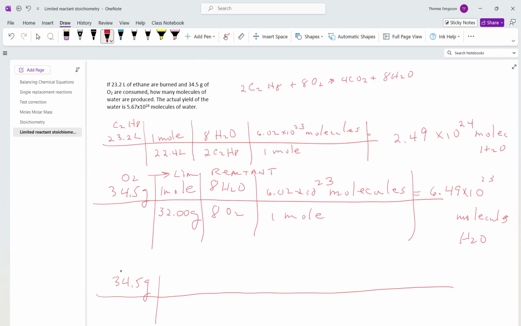If I didn't ask it in the question, you don't need to calculate it. Normally I do though. Most of it depends on who made up the question. Also percent yield. Frequently they don't ask percent yield, but I always put the yield question in just to show you what the yield is about. But it's a good question because the question didn't say that, did it? Okay, so we're going to start with oxygen.